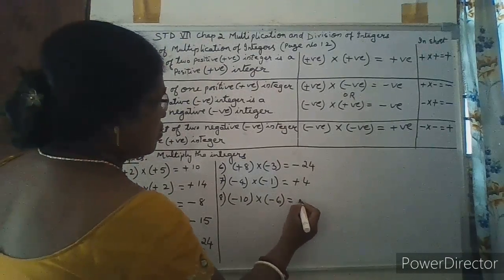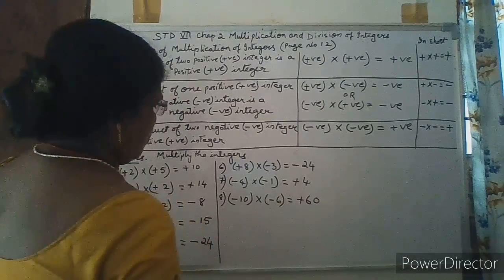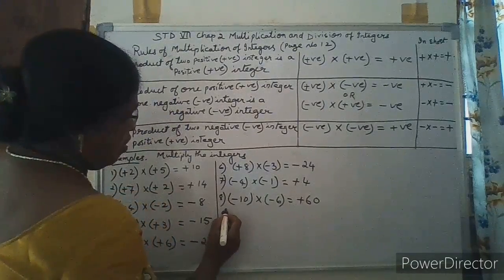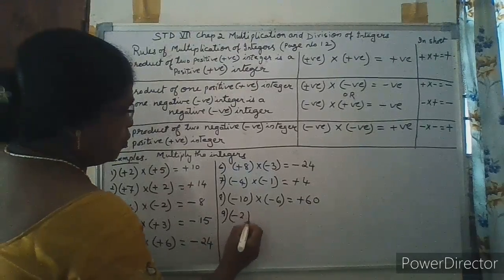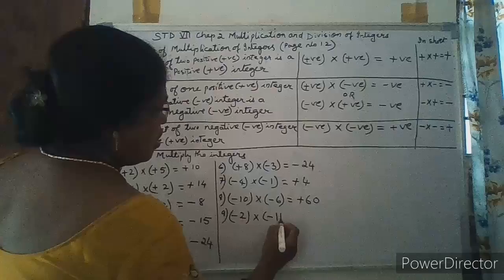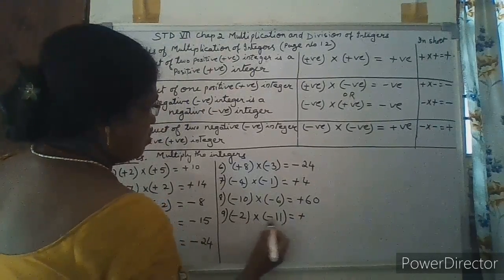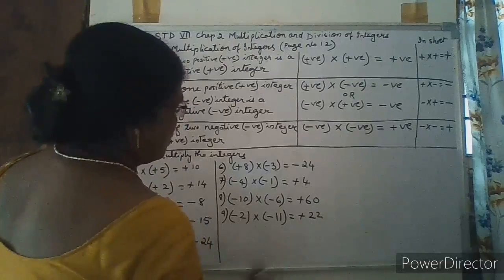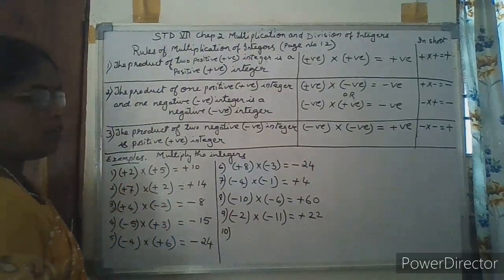Minus into minus equal to plus. 10 6s are 60. Example 9, minus 2 into minus 11. Minus into minus is plus. 11 twos are 22.